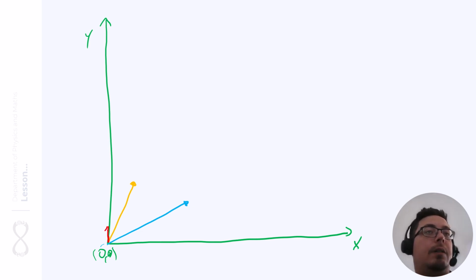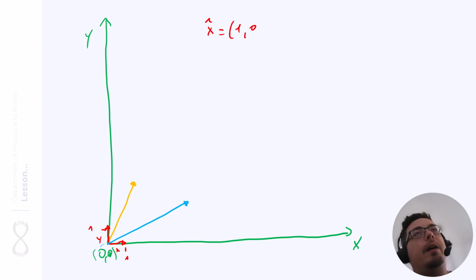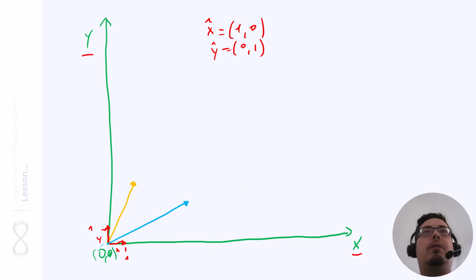We find two particular vectors, X and Y, of length 1. These vectors are particular because each has length 1 in only one direction. This depends on the observer, because the observer defines what X and Y are. But once the observer decides, those two vectors exist quite naturally, and they will define all the other vectors, as we will see.